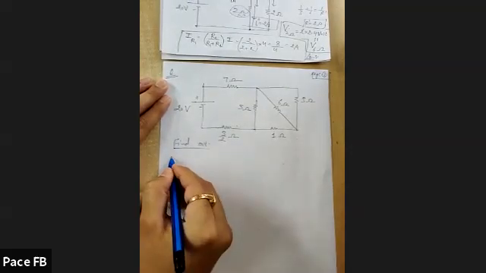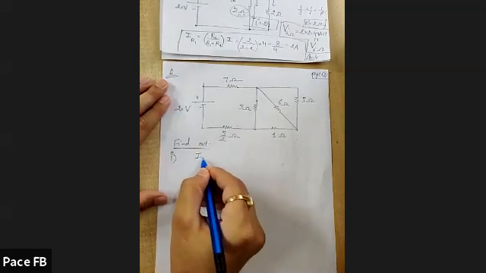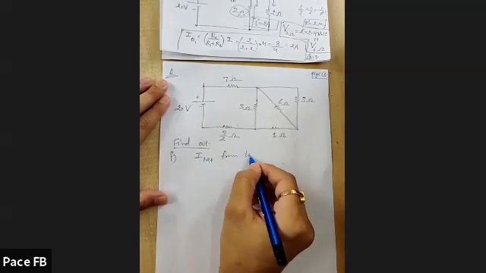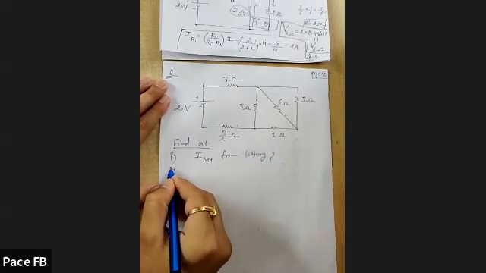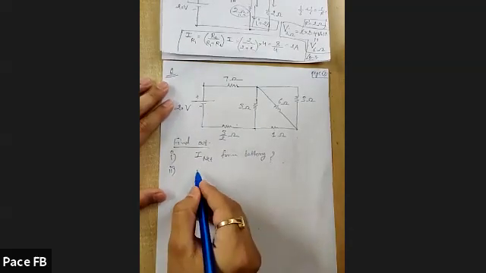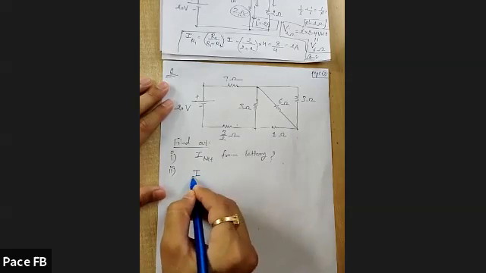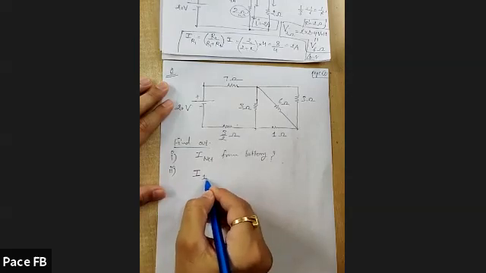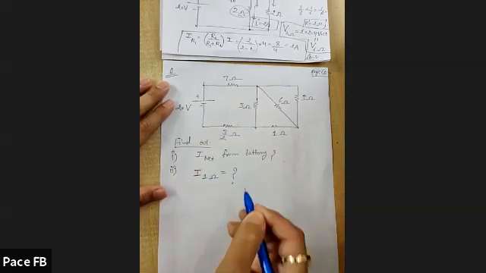Find out, first part, the net current withdrawn from the battery, I net from battery. This is the first part you have to find out. Then the second part of this question: find out the current passing through 1 ohm.